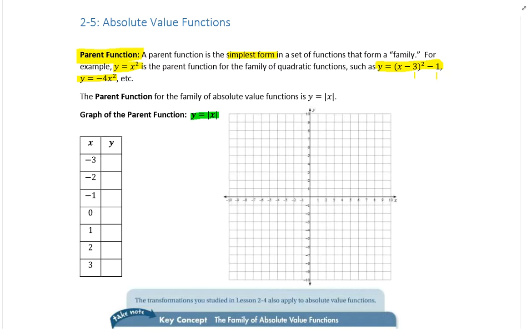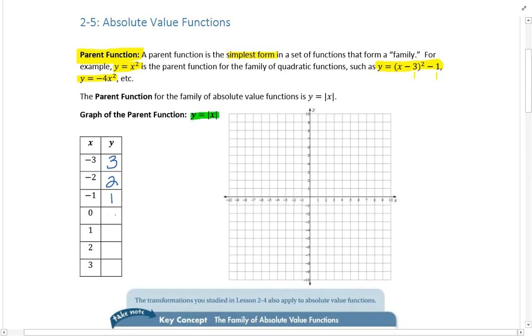Just to remind you, when you take the absolute value of a number, it's going to either make it positive if it's already negative, or keep it positive if it's already positive. So the absolute value of negative 3 would be positive 3. The absolute value of negative 2 would be positive 2. Absolute value of negative 1, positive 1.